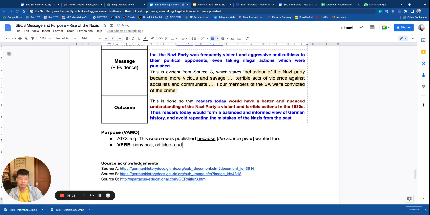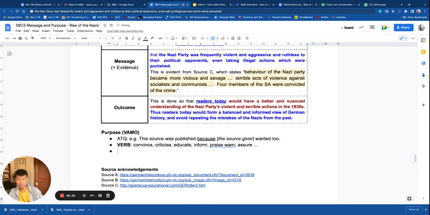Convince, criticize, educate, inform, praise, warn, assure, etc. Audience: German people, voters, Communist Party, Nazis, etc.